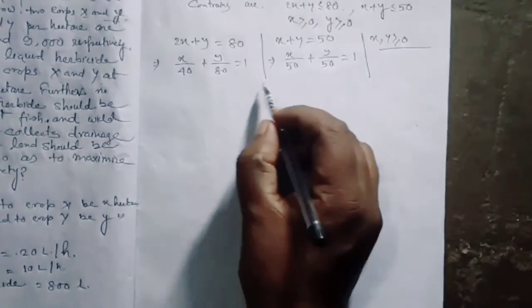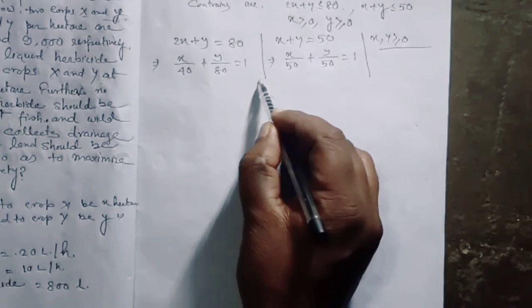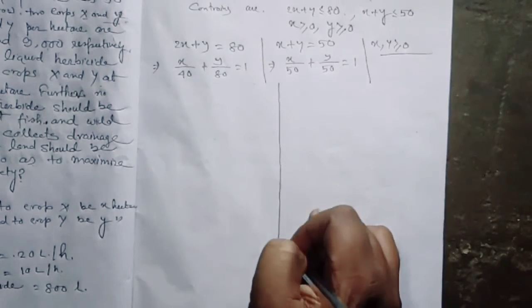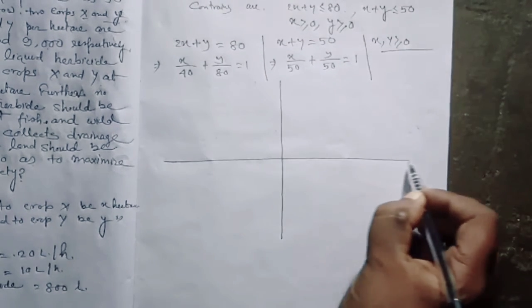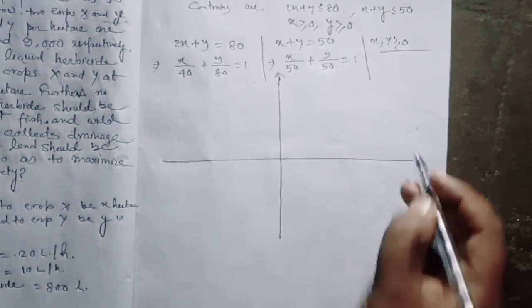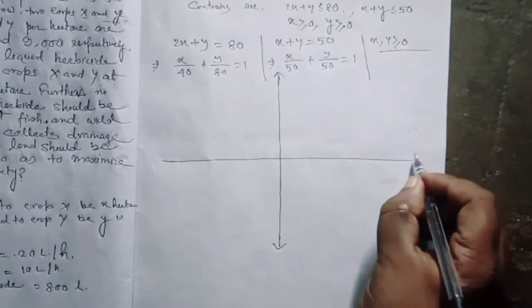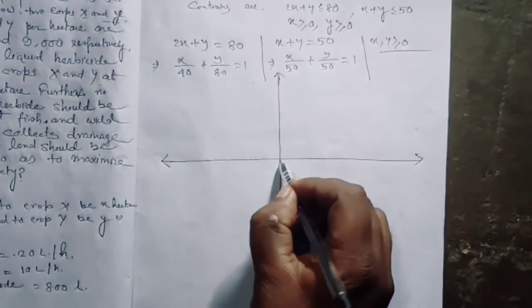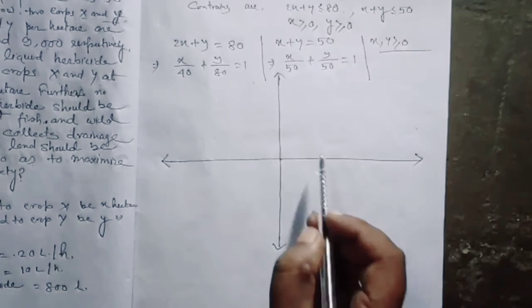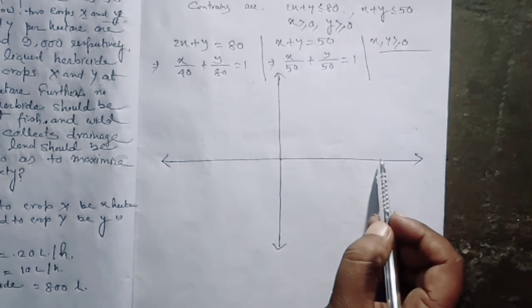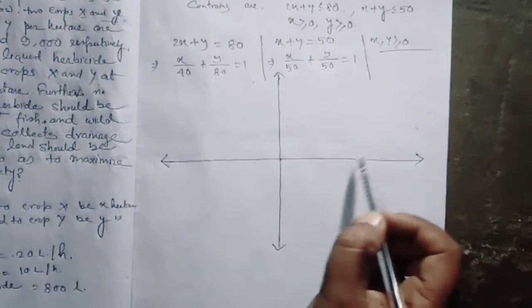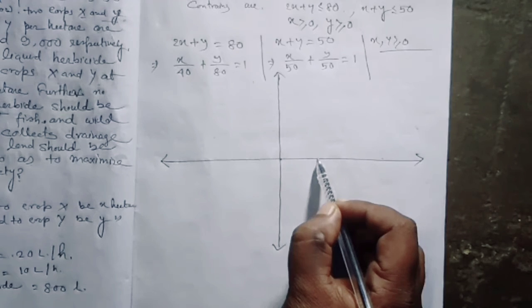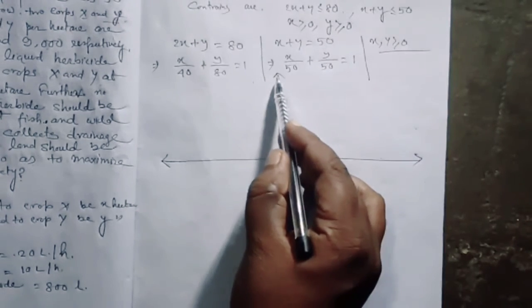Now drawing a graph. Actually this solution you have to do on graph paper, so I am taking a rough sketch. I am taking this as 40 and this as 80.